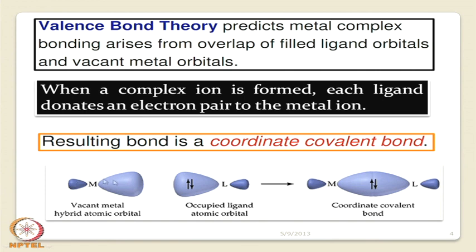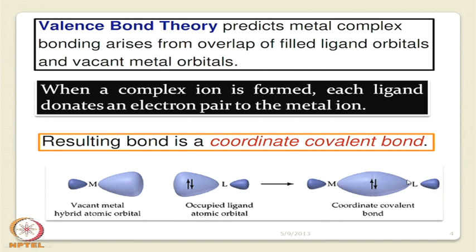So, this is the shape of one of the vacant orbitals which is utilized for making the corresponding overlap with the ligand orbital. The ligand has the corresponding occupied orbital, which can have the electron pair in it. So, this M-L bond will be forming and the electron density will be localized between M and L.